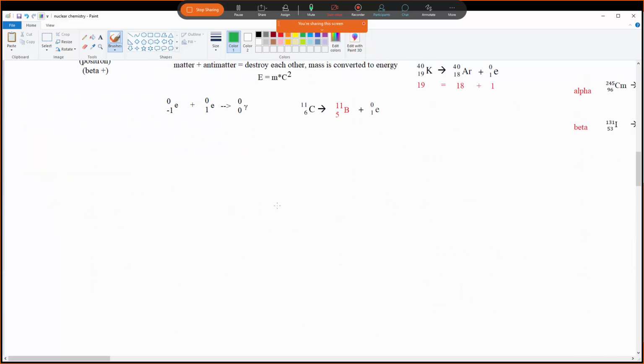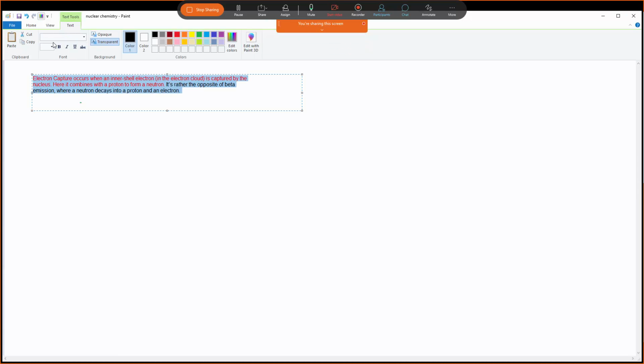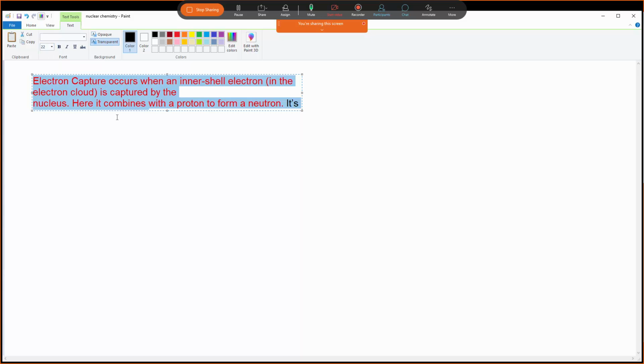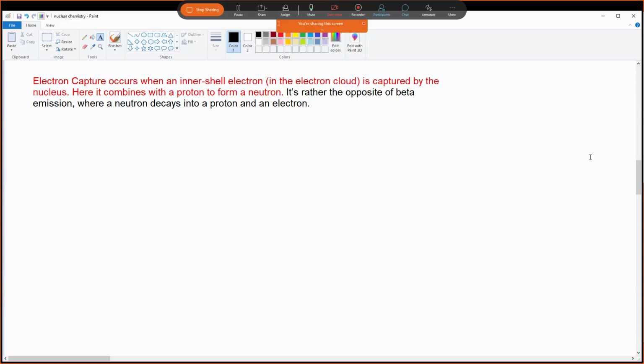All right, but electron capture. Electron capture occurs, and I'm just going to copy this over from my lecture notes. Okay, so this is electron capture, and as I note here, it's kind of the opposite of beta emission.